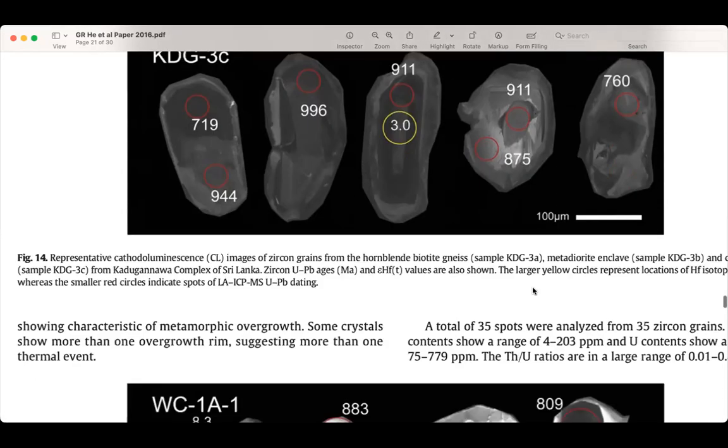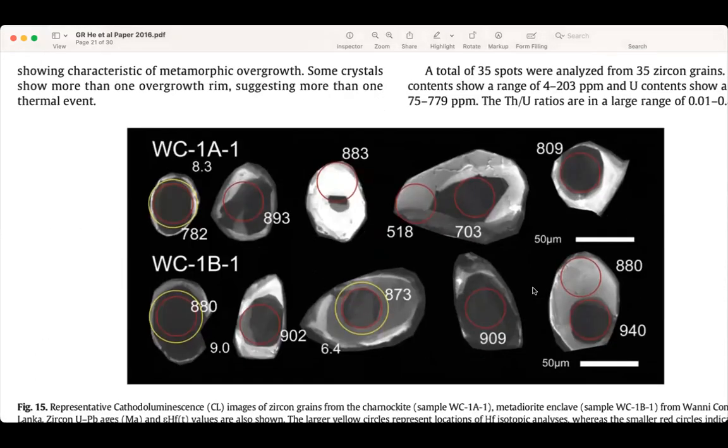Okay, so these are some examples you can see in this type of rocks. For this grain, it is very clear. At 703, it has formed and crystallized and later metamorphosed. It has suffered metamorphism later. So that's why this rim has been formed. So this rim is 518, the age of that rim. So lead loss must have happened.